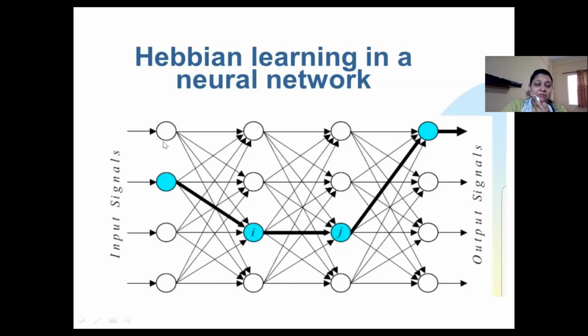So every time you can have a connection link from the previous layer to the immediate next layer, and again to the next immediate layer, and so on. And finally, you will have an output signal, or output value, output matrix, whatever you can say. So these are the output side of this particular neural network when you utilize Hebbian learning.